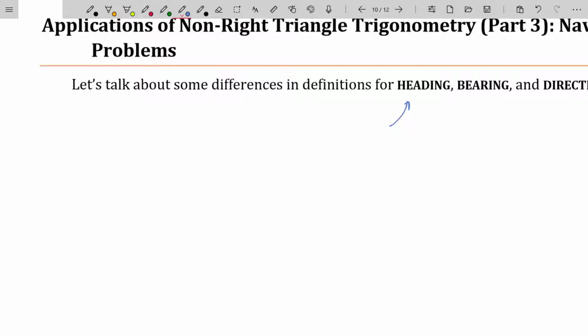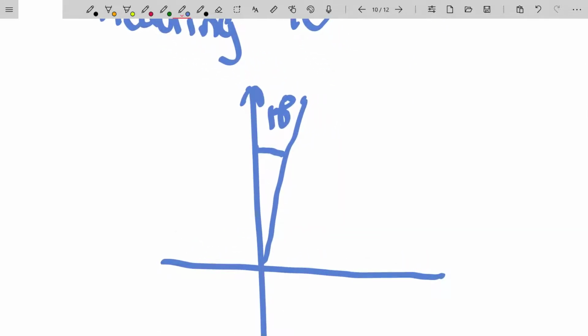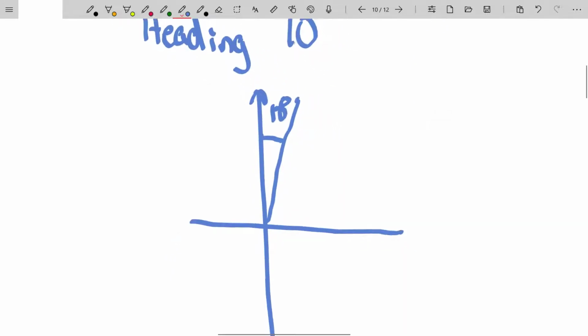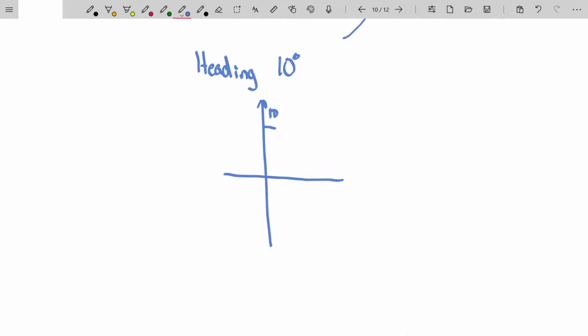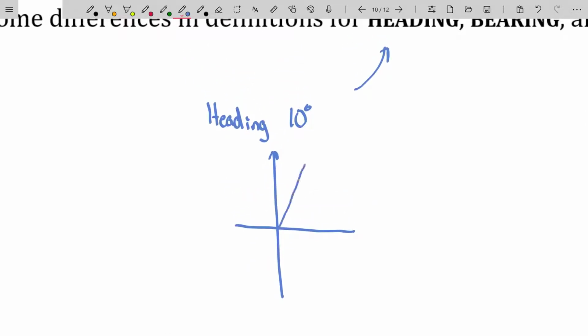If I said you had a heading of 10 degrees, that is from due north, you're tilted over by 10 degrees. Now, normally in trigonometry, you would never measure anything from the vertical axis. But it turns out that when you're doing applications, you often do.